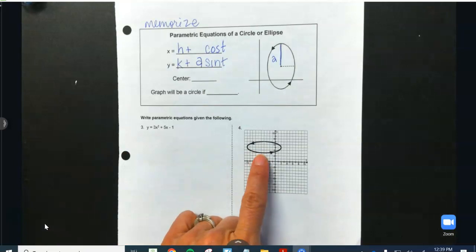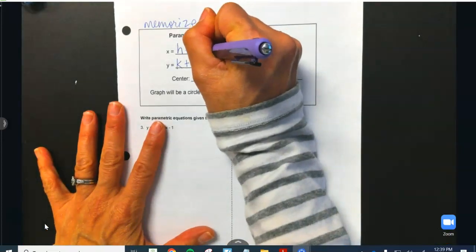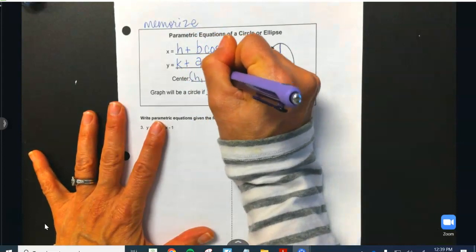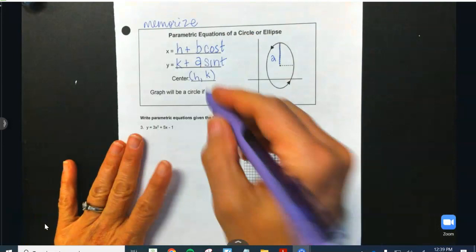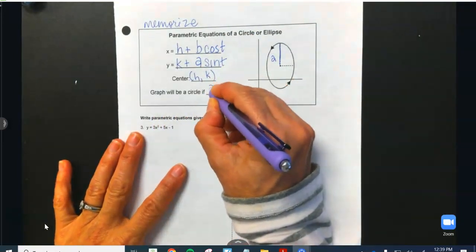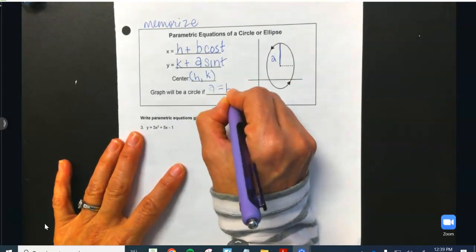If it's sideways like it is down here, then the A value's with H, but we'll talk about that later. So the B value's here. The center is what you always know, H, K. So yes, this stuff works for a circle also. You know that it will be a circle if A equals B, like it did on problem 1.